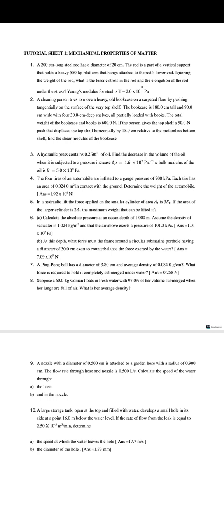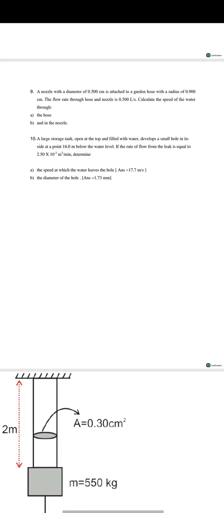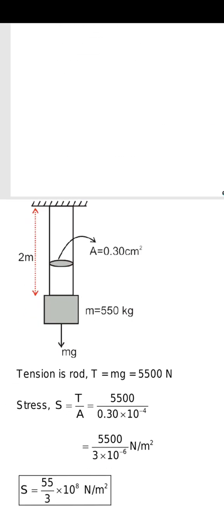Alright, which is okay. Now, this is how we're going to do our solution. One skill which is very important in physics is to be able to sketch the problem. So, this is a sketch of the problem that we've been given. We are told that we have a steel rod of 200 centimeters.